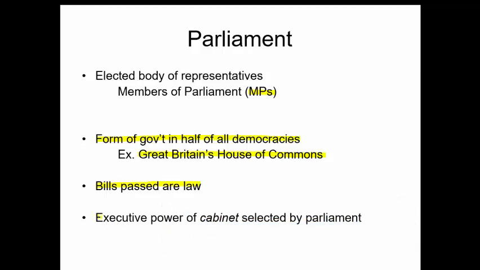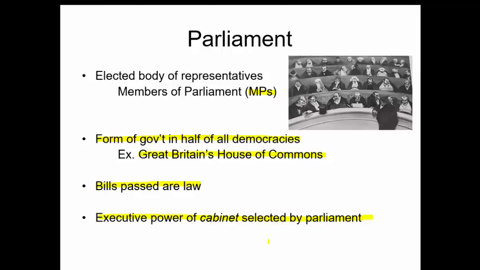The executive power of a parliament is the cabinet that is selected by the ruling coalition, somewhat different from the cabinet that is appointed by the U.S. president and then has to be approved by the Senate. Here the cabinet is pretty much put together immediately by the ruling coalition.